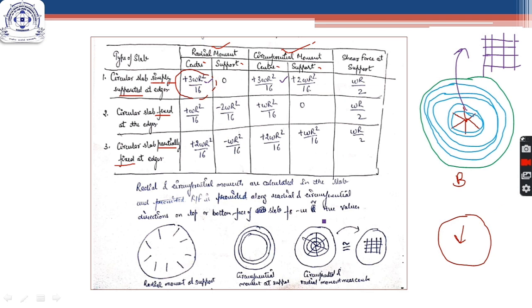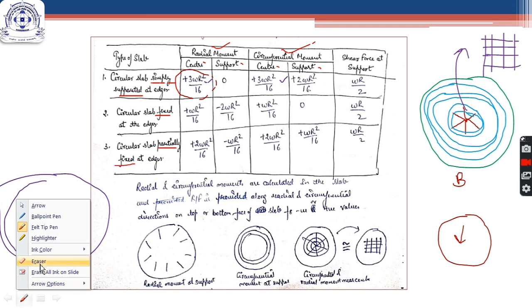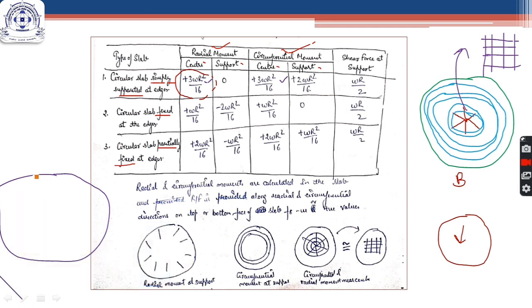So the top face, if this is the top face of this particular slab, will have some amount of radial reinforcement at the support region, like this. Okay, so radial reinforcement at support will be like this.